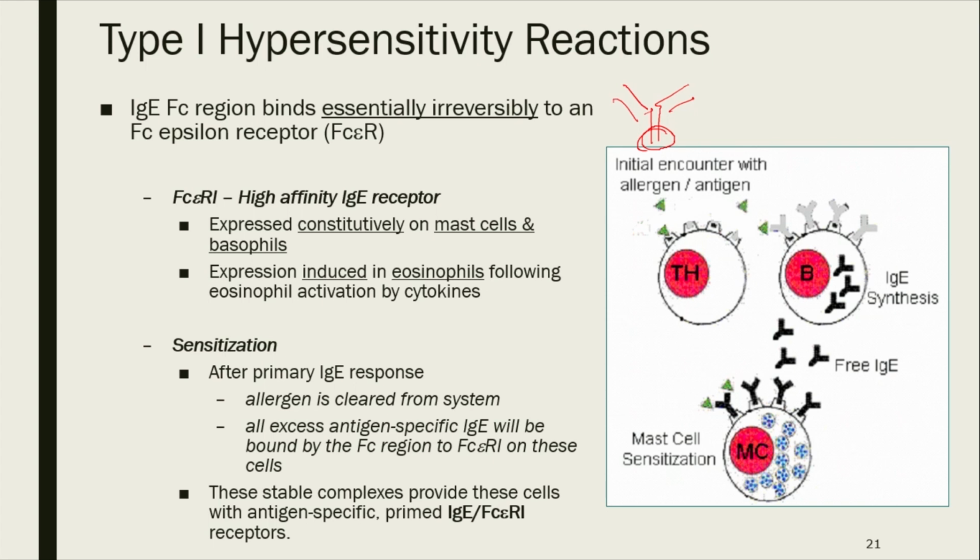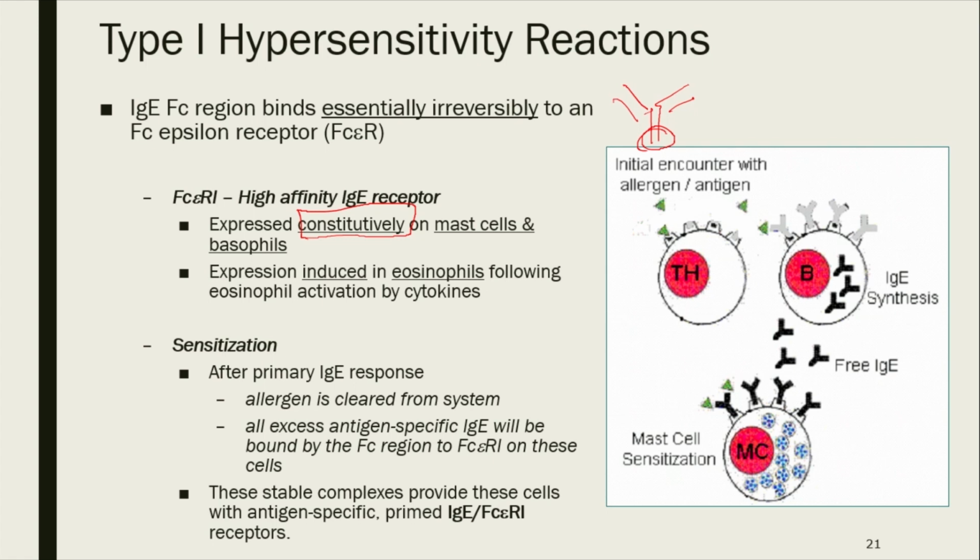They will bind very, very tightly to Fc epsilon receptors that are expressed constitutively on mast cells and basophils. Constitutively means all the time. They are there all the time, and they bind essentially irreversibly, meaning very, very tight, with very high affinity. Think back to the term affinity.